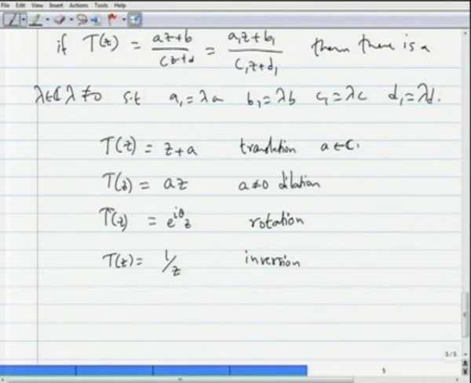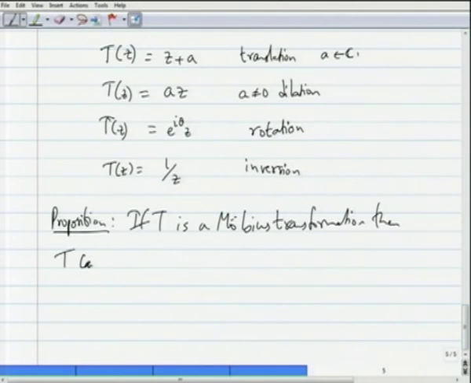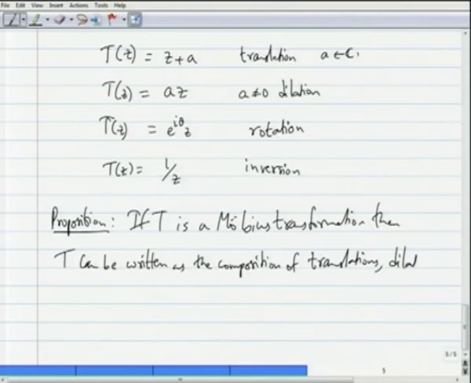And what we are going to show is, we are going to give the following proposition, that if T is a Mobius transformation, then T can be written as a composition of translations, dilations and inversions.